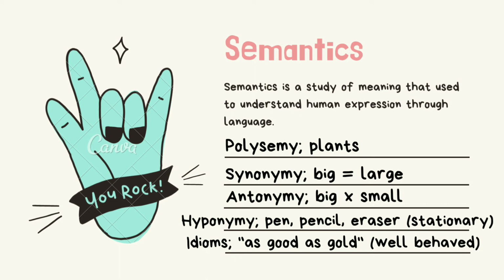The concepts of semantics include polysemy, the multiple meanings of words; synonymy, words that have different pronunciation but have the same meaning; antonymy, words that have a sense relation which involves the opposite of meaning; hyponymy, showing the relationship between a more general term and more specific instances of it; and idiom, a group of words in which the meaning cannot be explained in terms of the habitual meanings of the words that make up the piece of language.